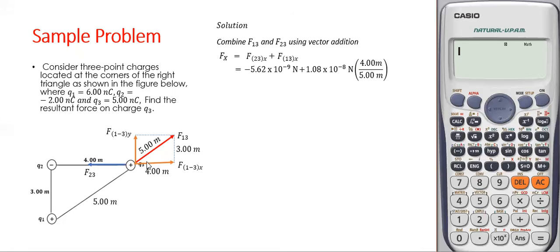So dito ang ating adjacent nga ay yung 4 at ang hypotenuse natin ay yung 5. Okay? So summation of forces along X is equal to 3.02 times 10 raised to negative 9 Newton.